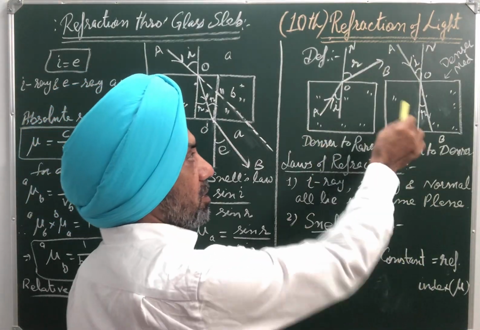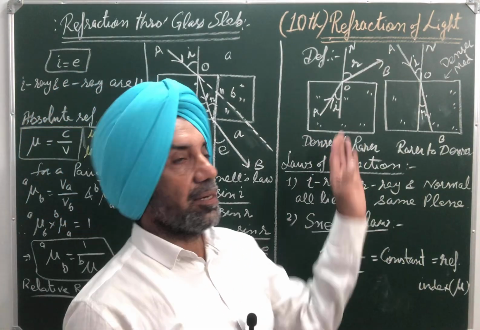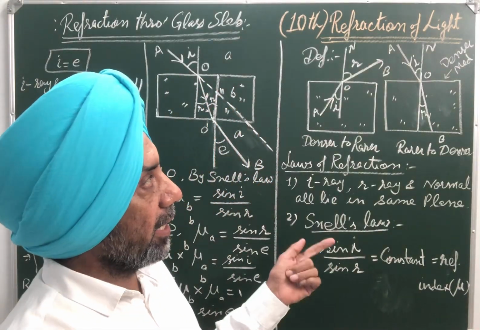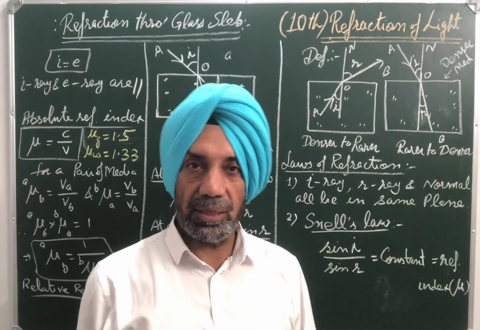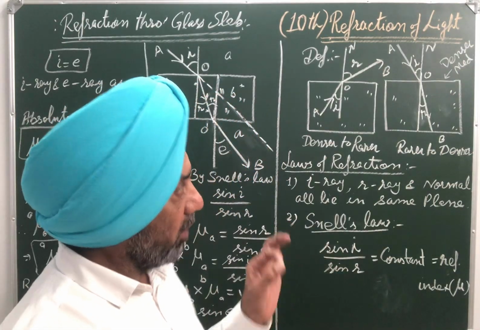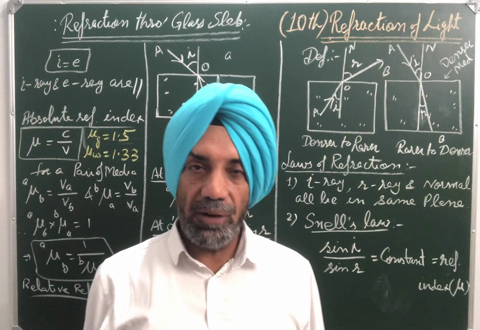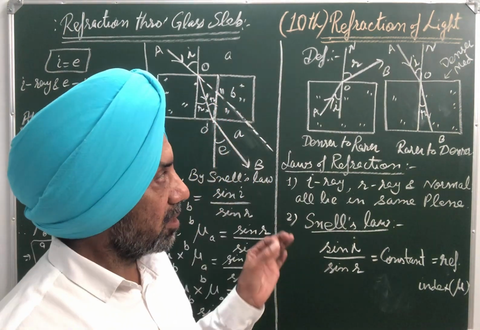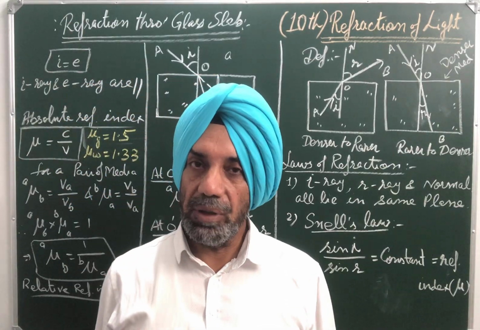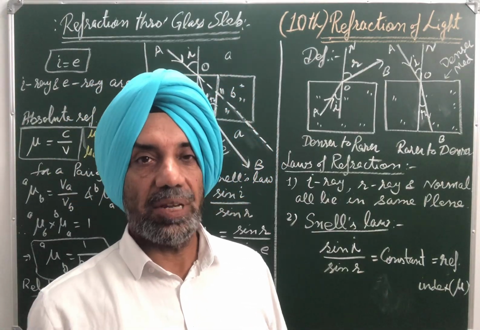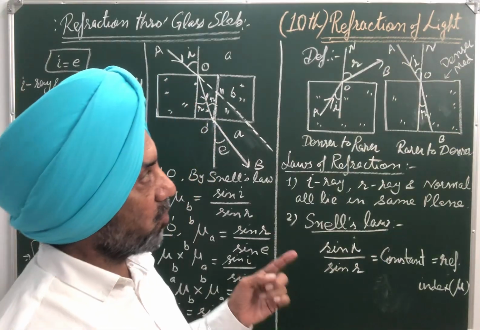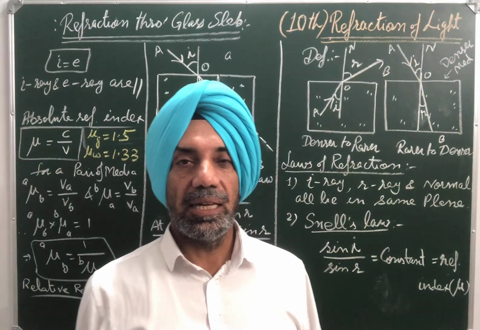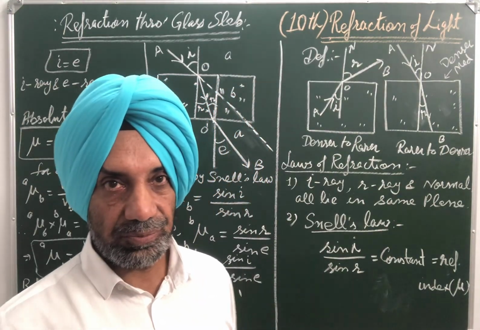In both cases, the ray of light bends towards or away from the normal when it enters from one medium into another medium. So this phenomenon of bending of a ray of light either towards the normal or away from the normal at the point of incidence when it enters from one medium to another medium is known as refraction of light.